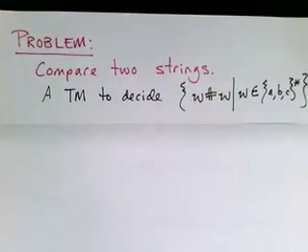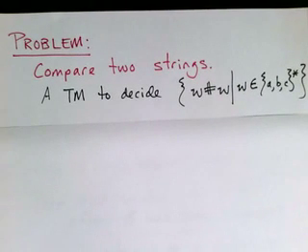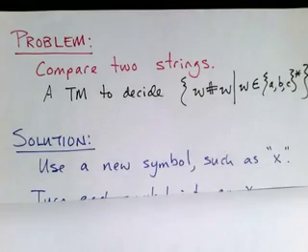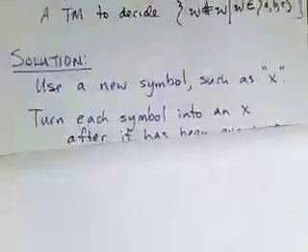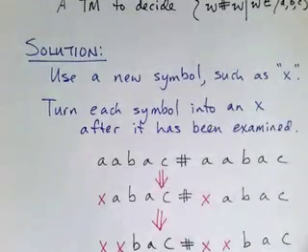This is a very useful subroutine to have in Turing machines because we oftentimes need to ask whether one thing is equal to another thing, or more precisely whether its representation is equal to the representation of a second thing.